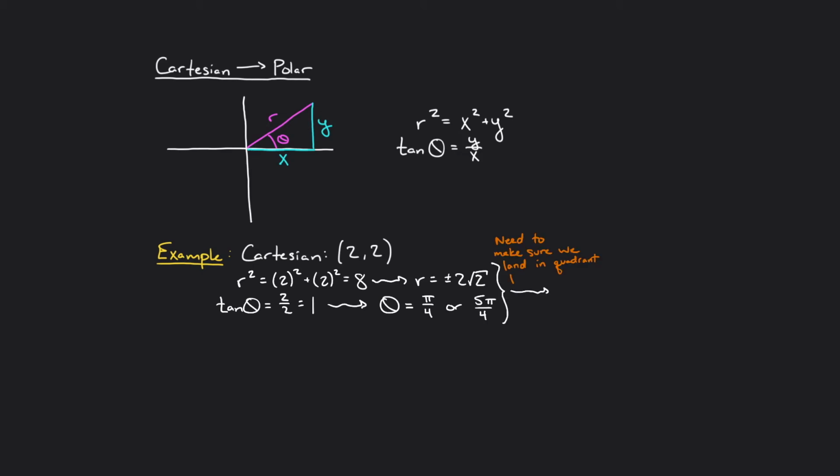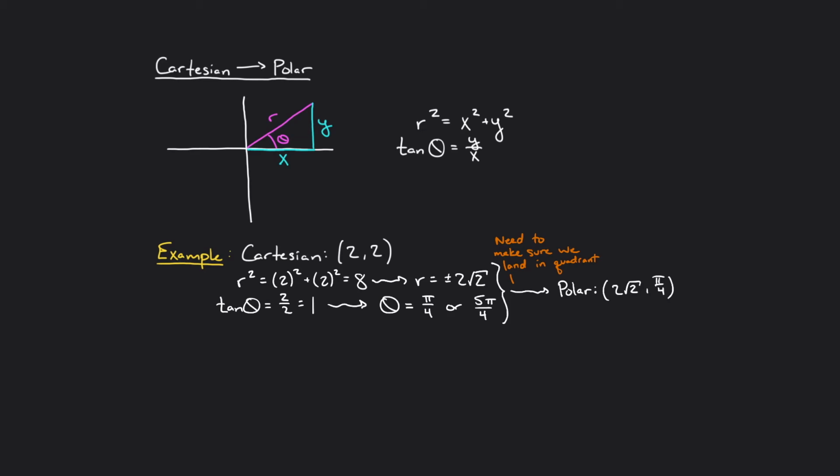So, we need to make sure that our polar coordinates also land us in the first quadrant. If we pick the angle pi over 4, then we're actually facing into the first quadrant. So, we should pair it with a positive r value so that we walk into the first quadrant. Therefore, the point (2 square root of 2, pi over 4) is a good polar representation of this point.